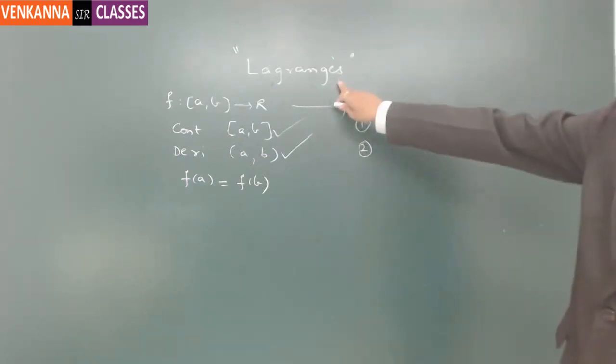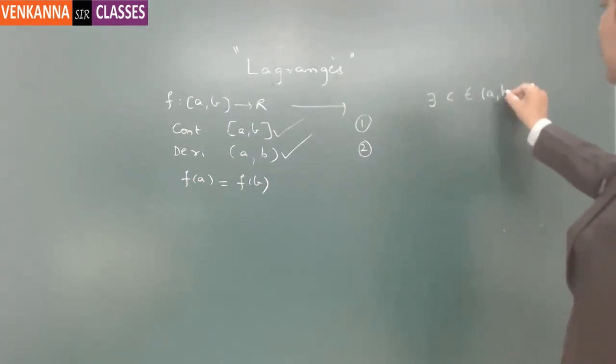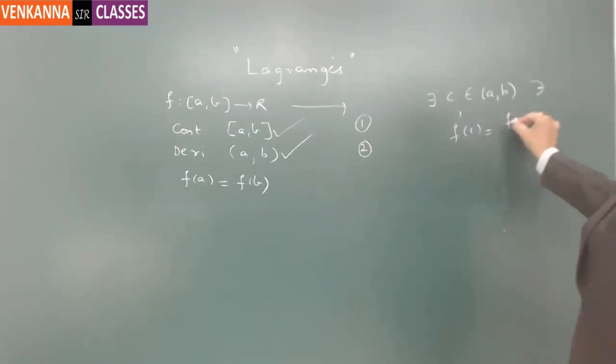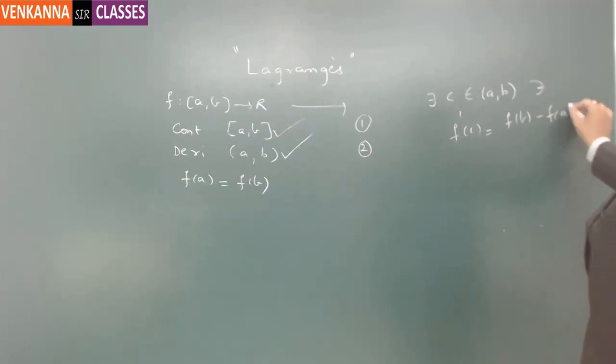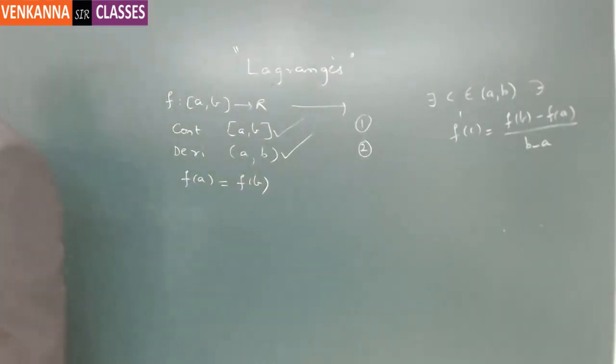Now Lagrange's mean value theorem states that there exists a point c lying between a and b such that f'(c) = (f(b) - f(a))/(b - a). So please take a note of that condition. After noting, you please tell.